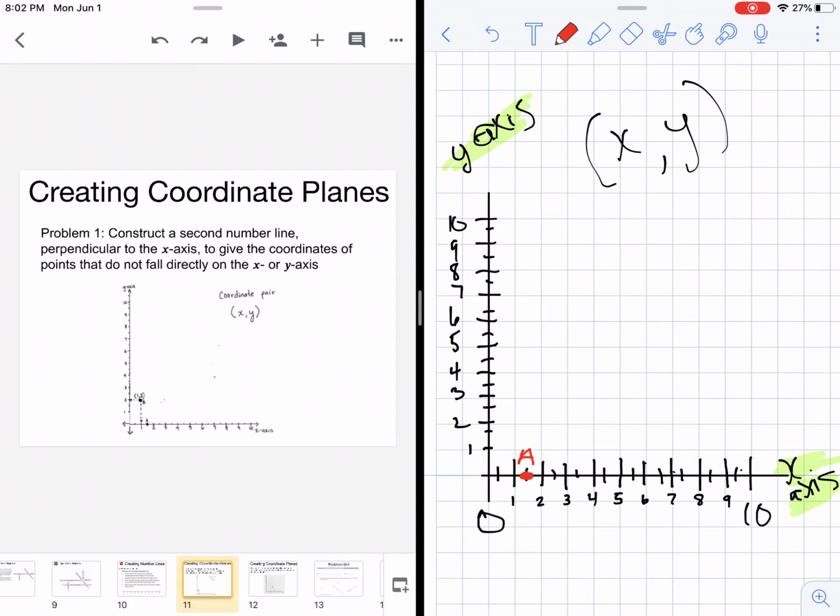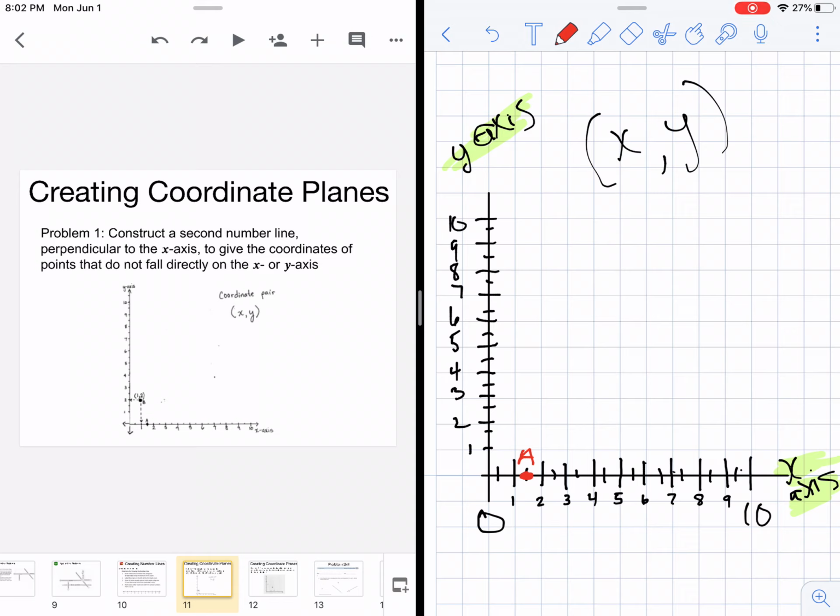We have a great strategy for describing the locations of points, such as point A. It's directly on that number line, so it's pretty easy for us to describe that location. 1.5 units from 0 on the x-axis. Okay?